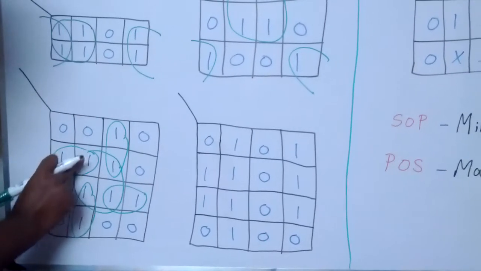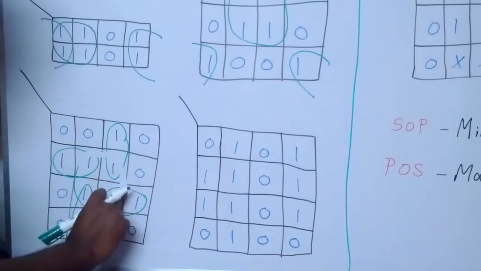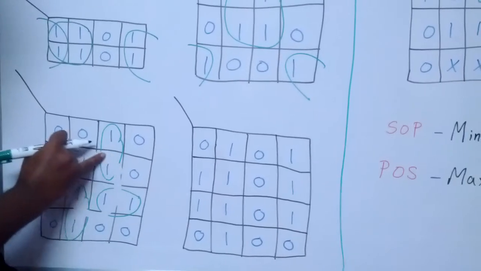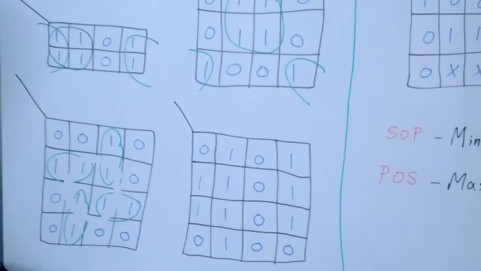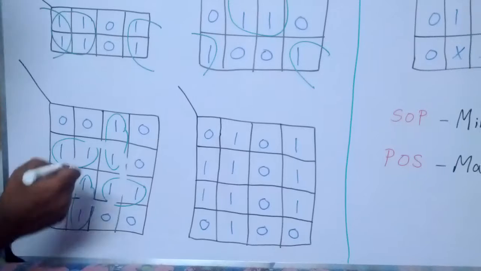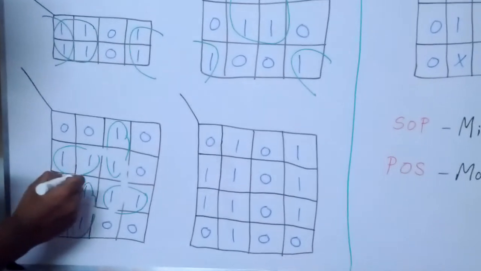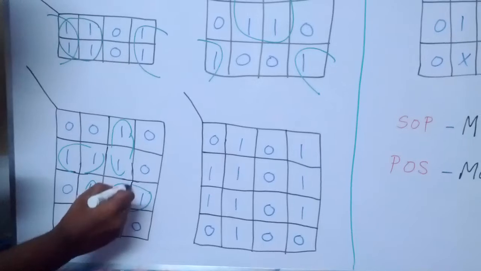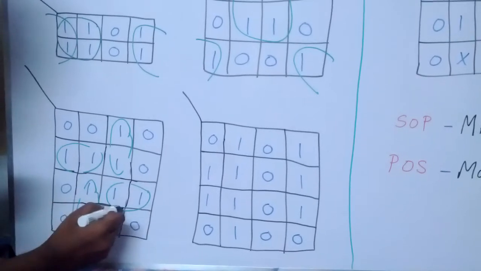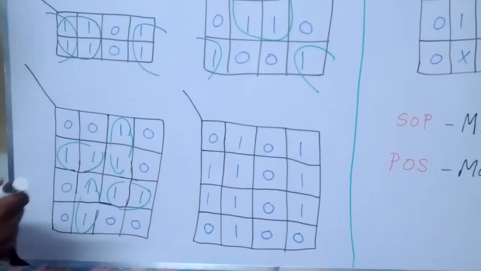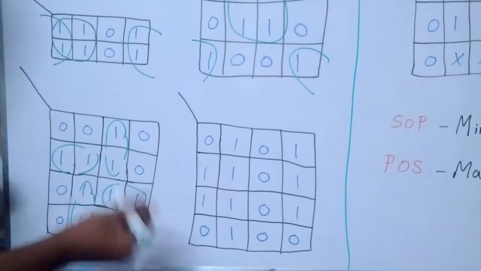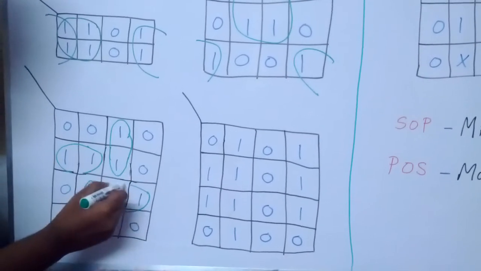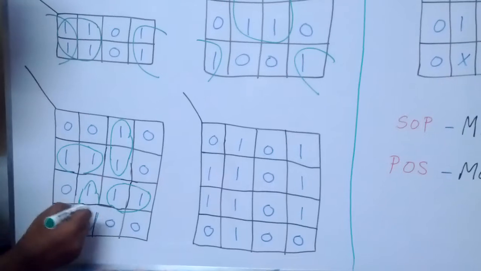So this group, the center 4 ones, can be erased. Center 4 ones can be erased. Okay, that is not necessary. That is called a redundant group. Clear, everyone? Okay. Now, as I told you, these 2 ones, these 2 ones, these 2 ones, these 2 ones.